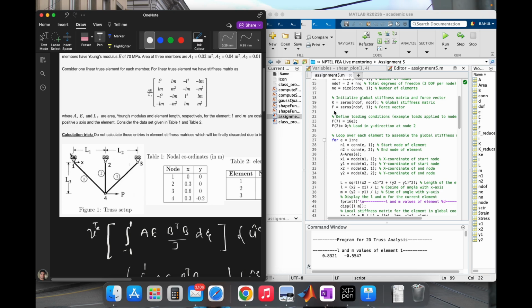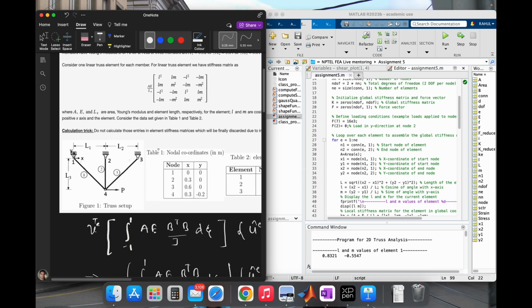Now we already know that forces are given.